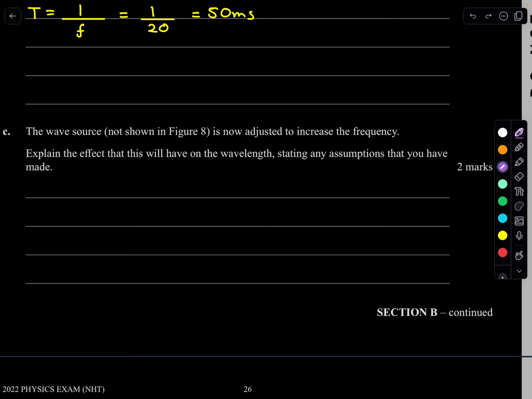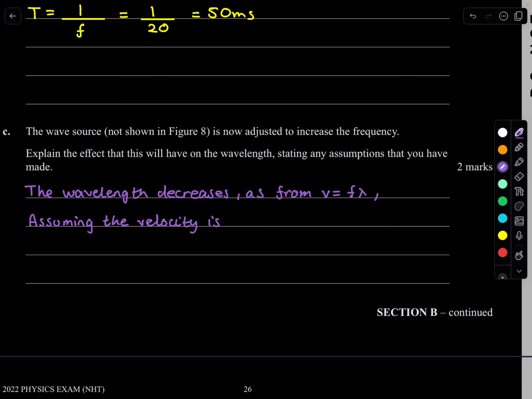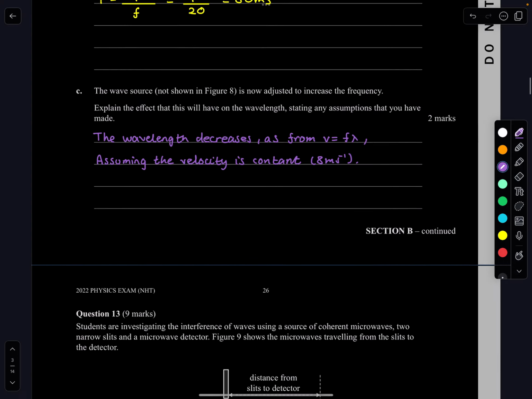So the wavelength decreases, as from v equals f lambda, assuming that the velocity is constant, which is 8 meters per second. Done. All right, that looks great.